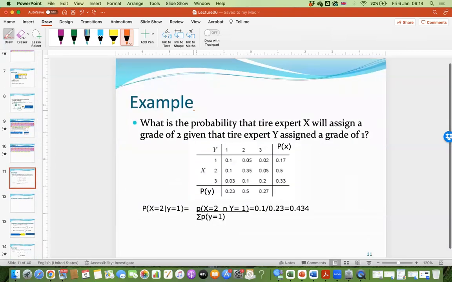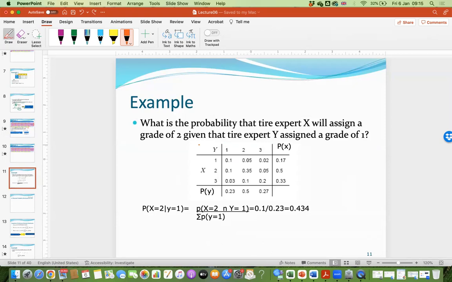Okay, so let's try. Let's have a look. What is the probability that tire expert X will assign a grade of 2 given that tire expert Y assigned a grade of 1? So in this condition, X and Y are tire experts.